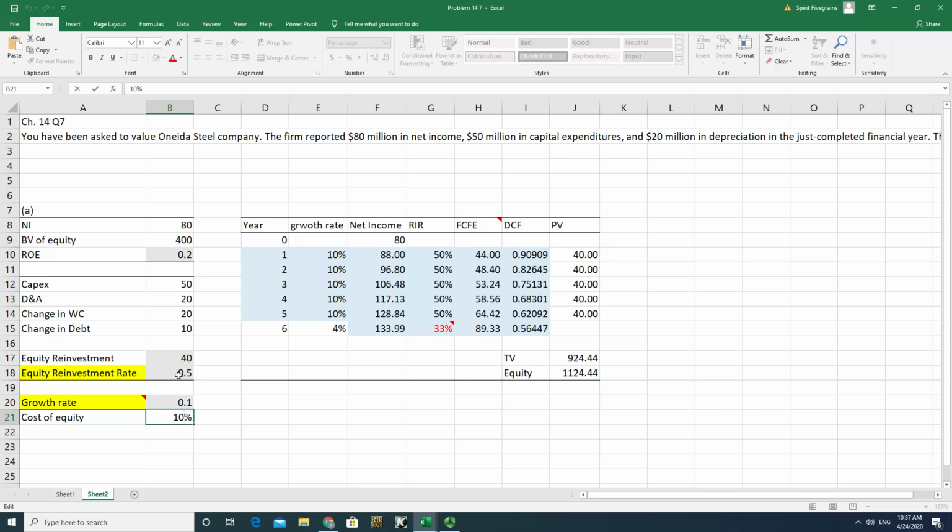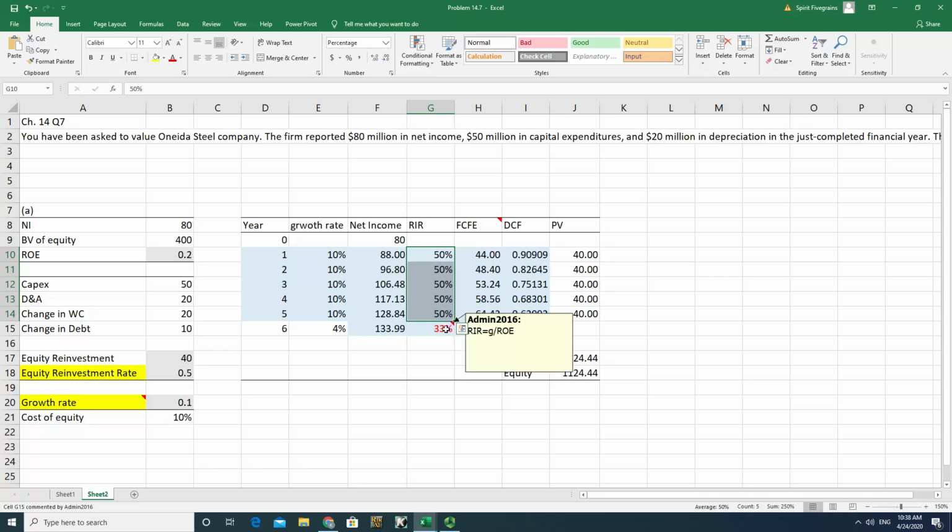Once you have the reinvestment rate and the growth rate, then you can estimate free cash flow to equity. So net income grows at 10% for the first 5 years. And then the growth rate declines to 4%, which is stated in the question. Right? So you get an estimation for future net incomes. And then the reinvestment rate will be 50% for the next 5 years, right?